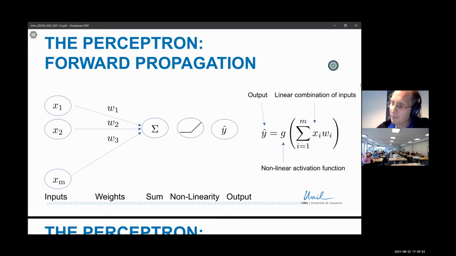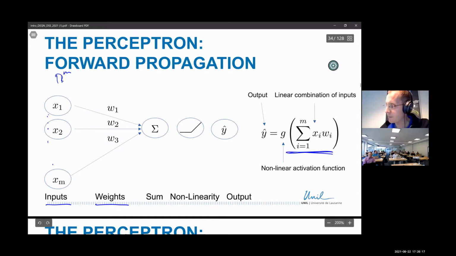Say here on the left-hand side, we have the inputs, m inputs. So that would be an m-dimensional vector, R to the power of m. And then we can weight these inputs with weights. So we have the inputs, we have the weights. So we add the two up. And then we activate that here with the function g. That would be an output. So that's all there is. So that would be the basic building block, the perceptron.